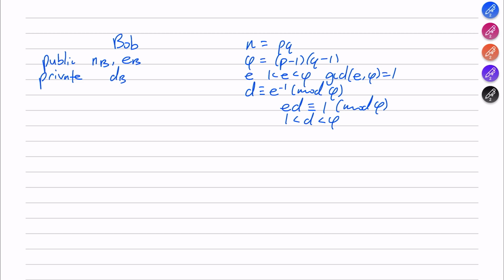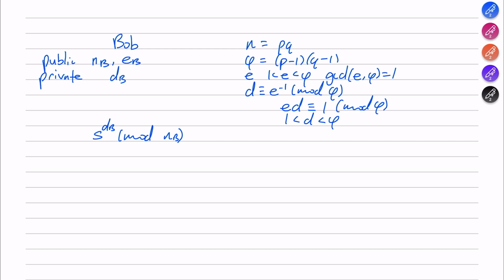Now, with those in mind, Bob can send his own digital signature. Say S is the signature that he usually uses at the end of every message. He's going to raise that to DB and mod this whole thing with NB.